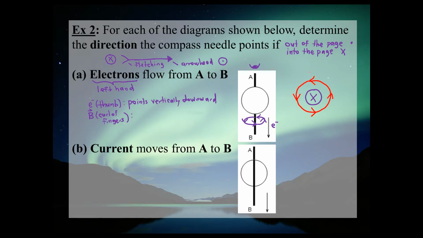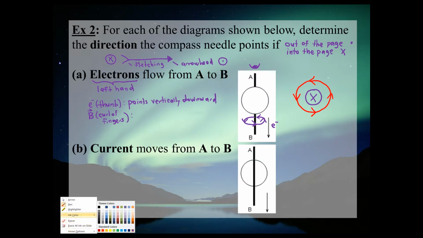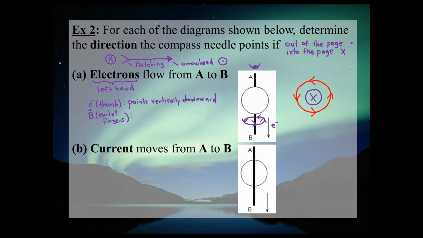Now, if you look at the picture from that perspective, we want to know what direction the compass needle is going to point if you put the compass in front. Based on my picture, this side right here is the front of the wire, and this side right here is the back.